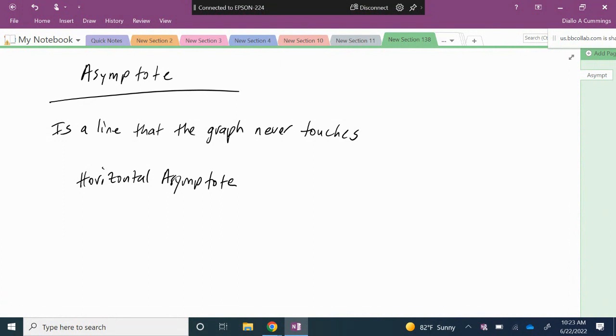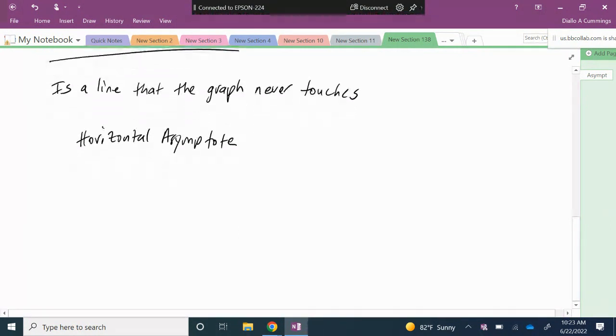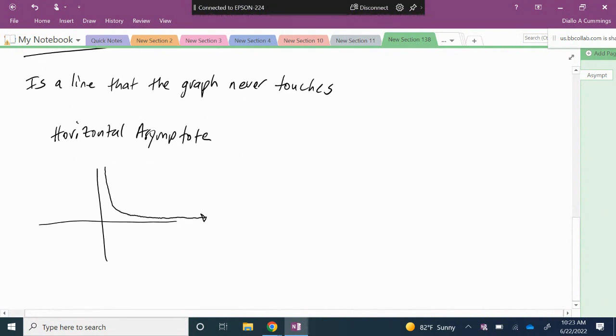We're also going to look at what are called oblique asymptotes, which are sometimes called slant asymptotes, and I believe this book uses slant asymptotes. Right, so here is an example. Let's just say we have this curve that looks like this.